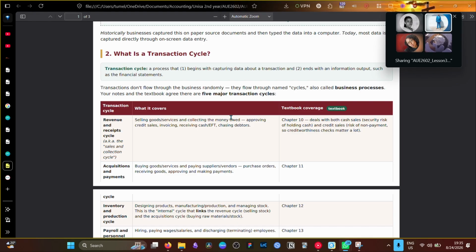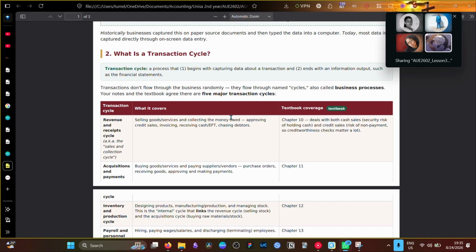It has those components: trade receivables, like debtors, and then cash and cash equivalents. Which items fall under cash and cash equivalents?